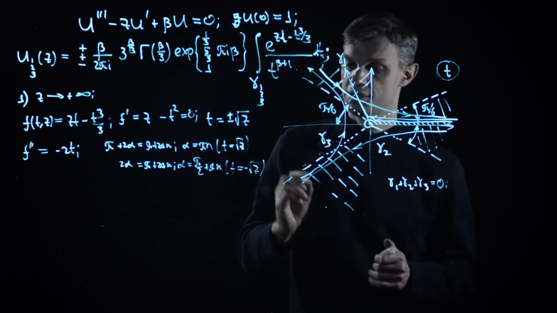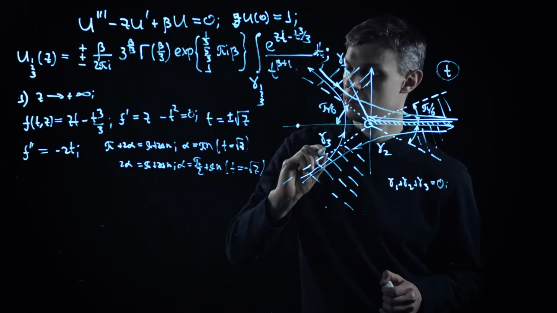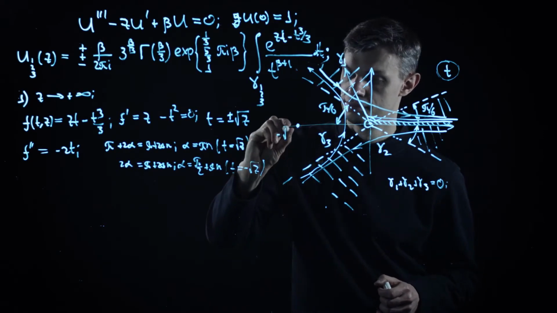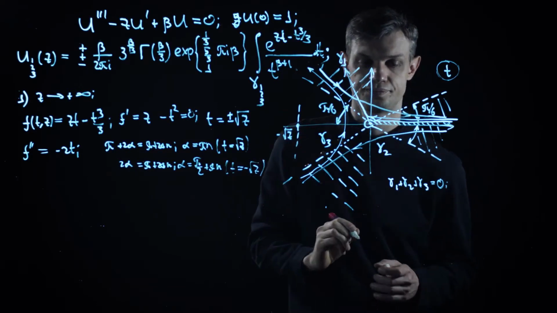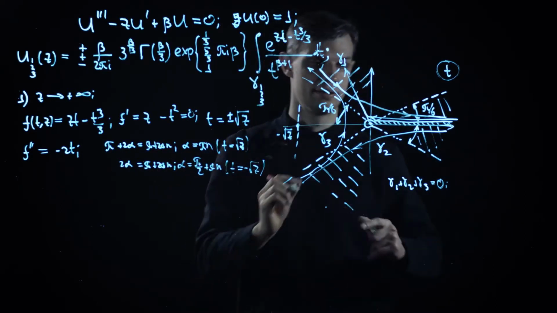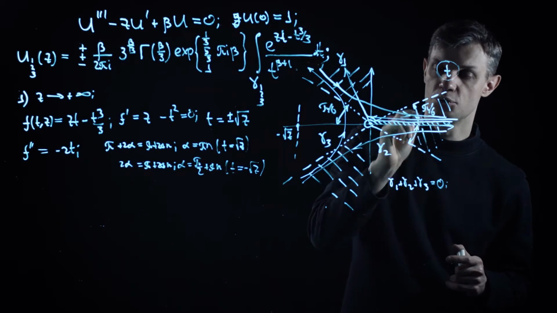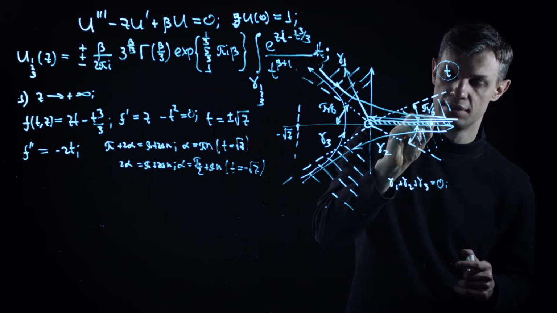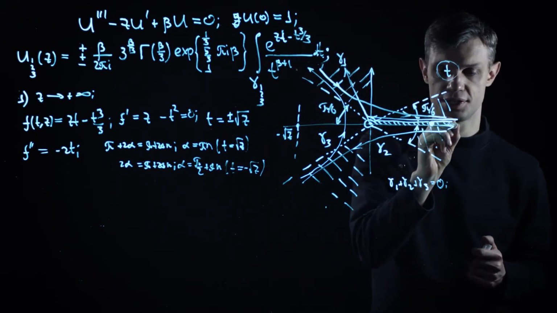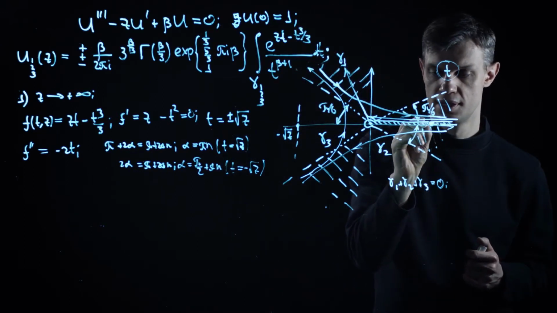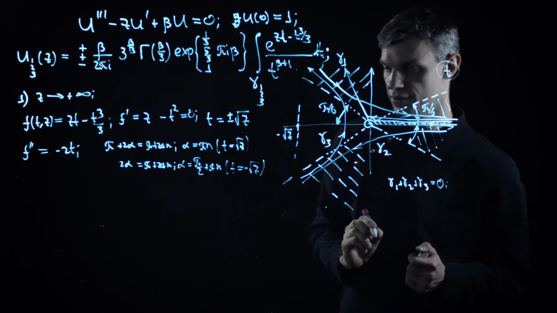So here they are, two saddles. And the first saddle is right inside the branch cut, and the steepest descent direction is as follows.